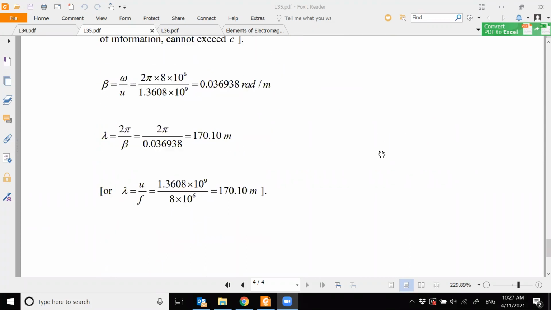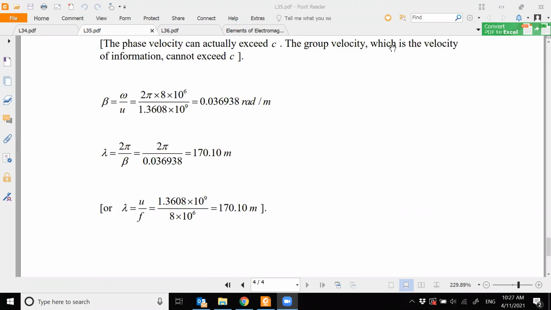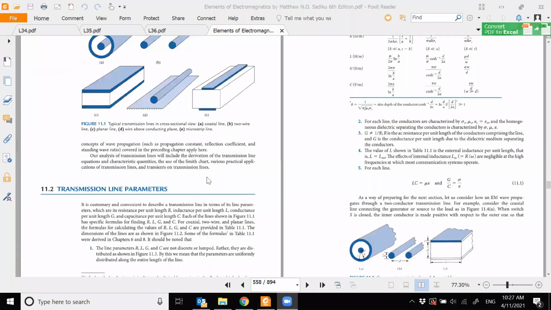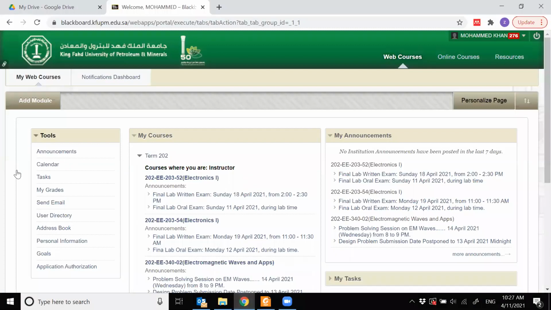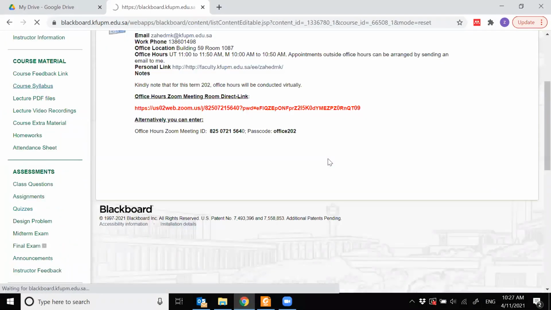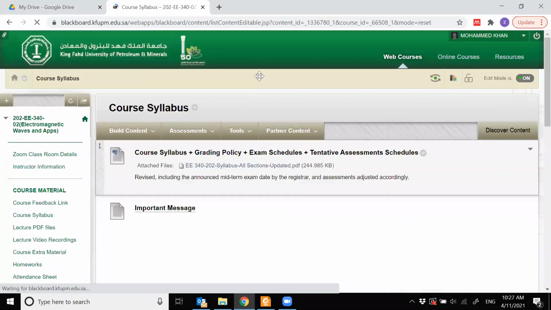So this actually concludes our transmission lines. Although you can see that the chapter is very huge, we have a lot of sections deleted. Almost the whole chapter is deleted except the first few sections.